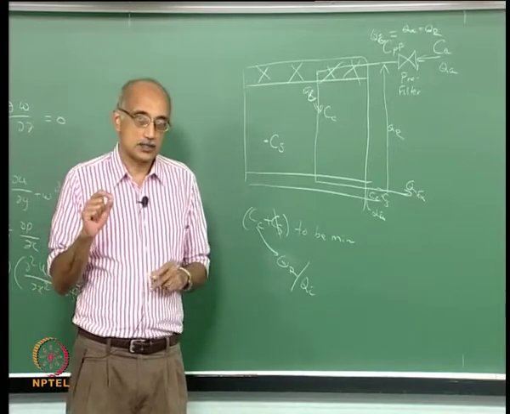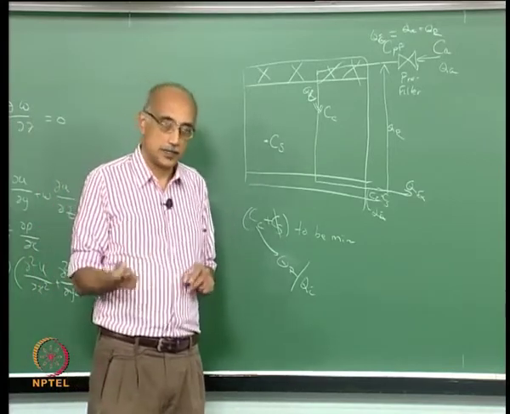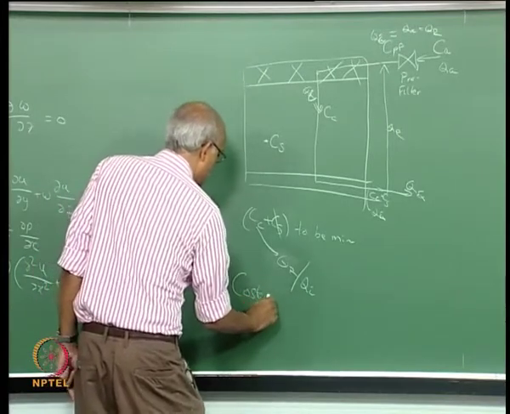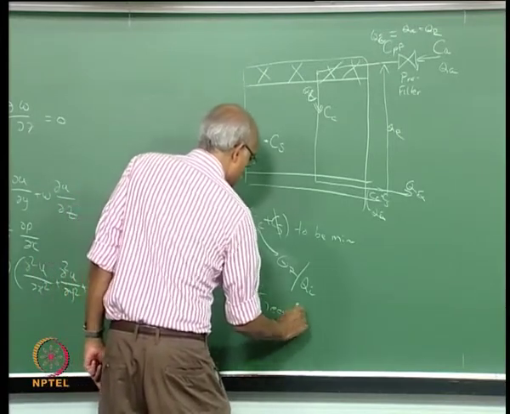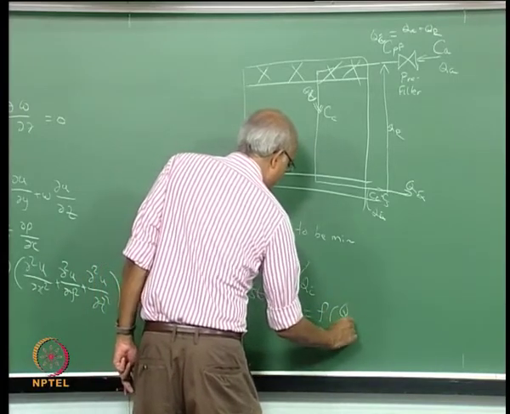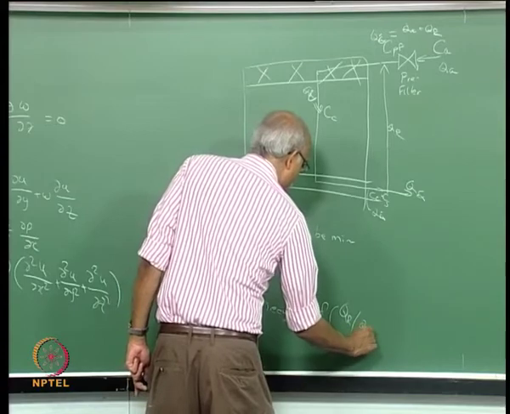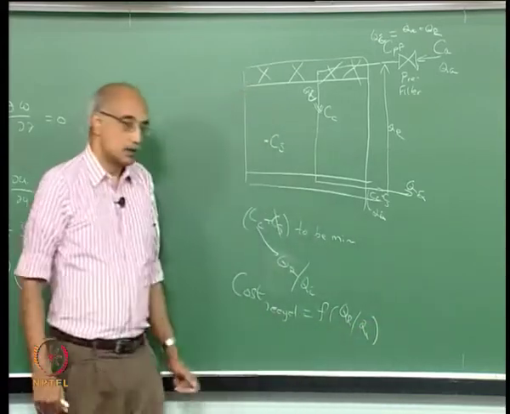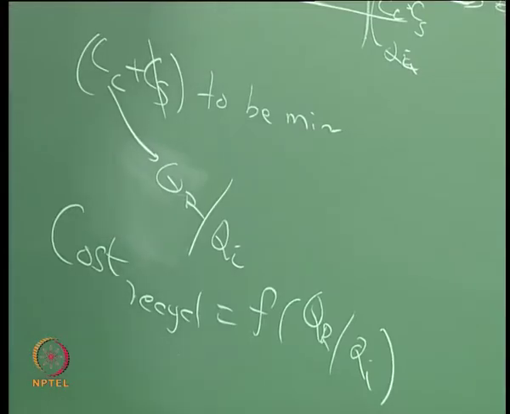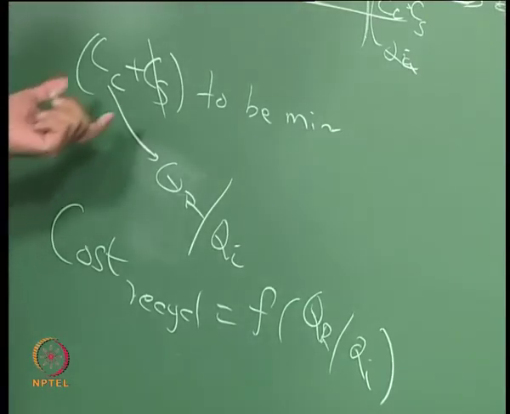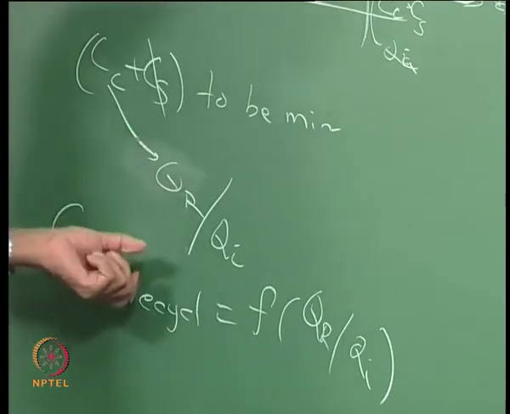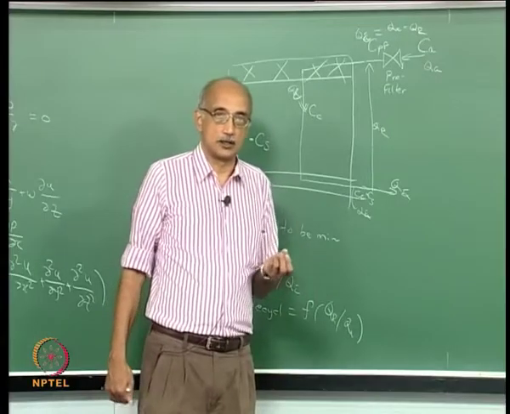So there is a cost associated with the recycle. So the cost of recycling also is a function of the same parameter QR over QI. So this can be formulated as a classical optimization problem where you try to minimize Cc subject to a constraint on the cost of the recycling.